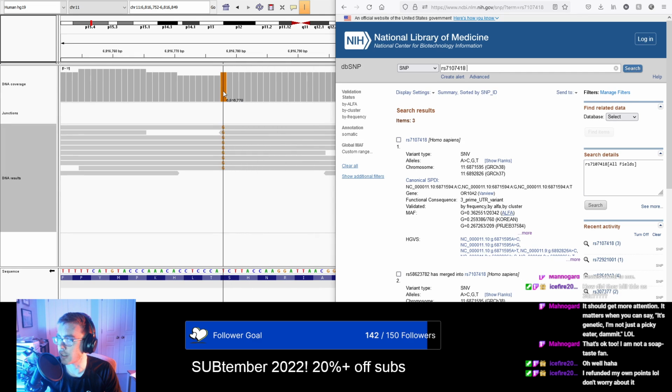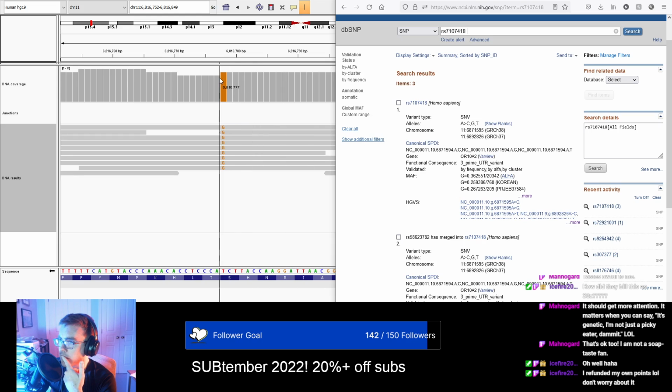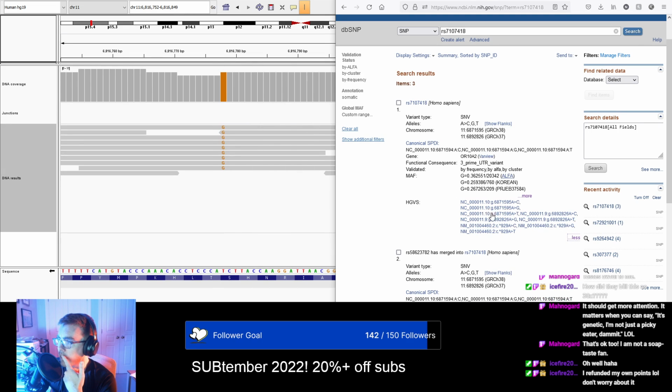What is this allele? I'm looking down here at other alleles, I believe.